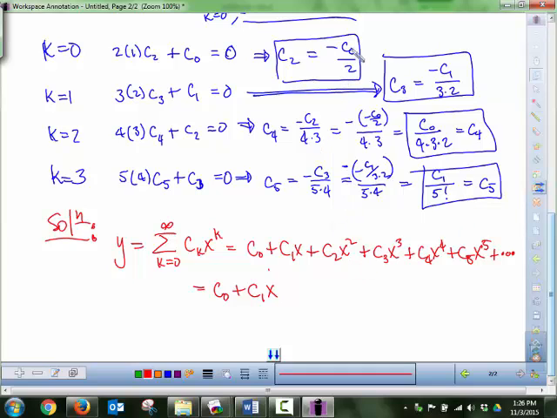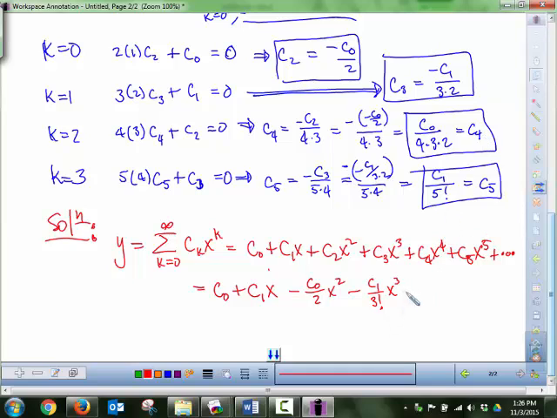So what is c sub 2 equal to? C sub 2 is c sub 0 divided by 2, and that gets multiplied with x squared. C sub 3 is a negative c sub 1 divided by 3 factorial, x to the third. Let's keep going.